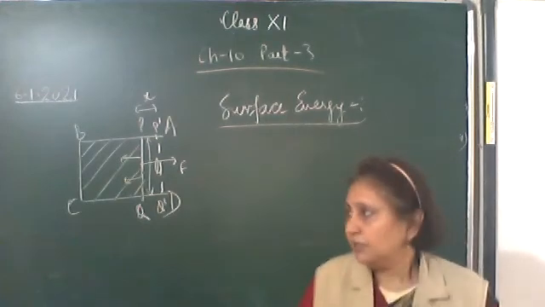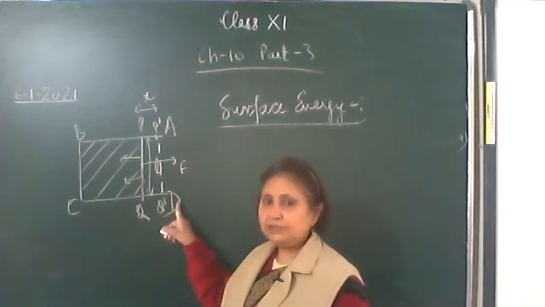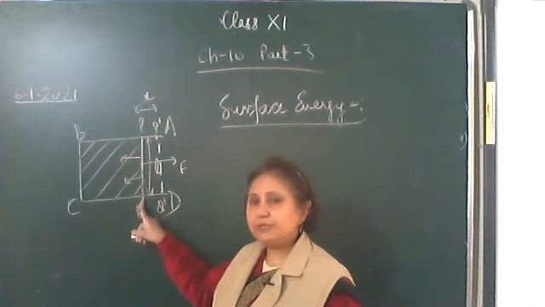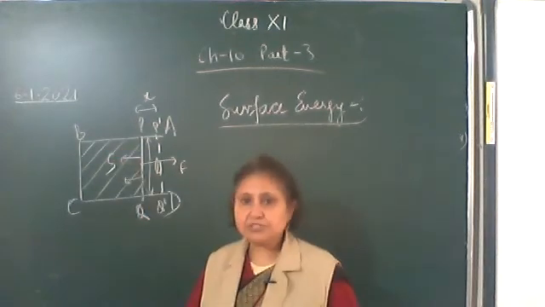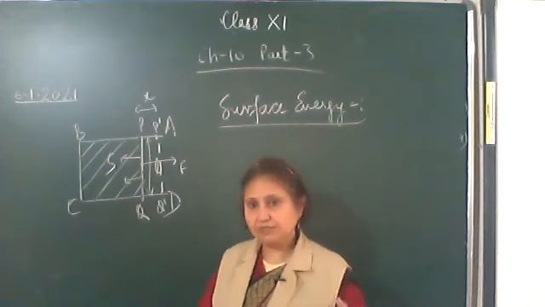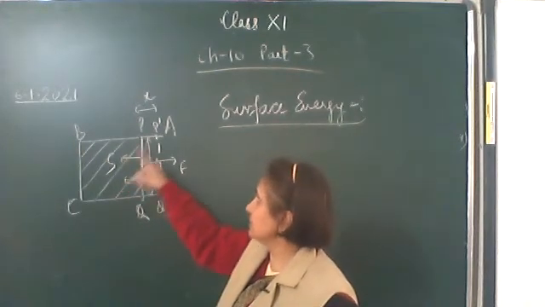Draw a rectangular frame ABCD, a sliding wire PQ whose length is L. This is the surface tension which is trying to pull the wire inwards, the tension of the free surface.